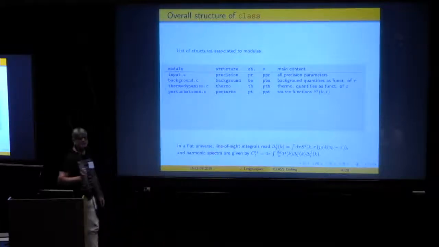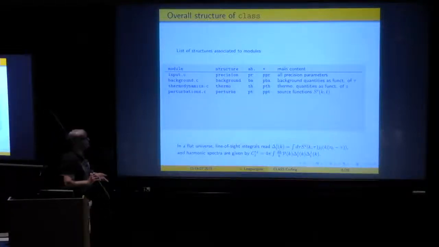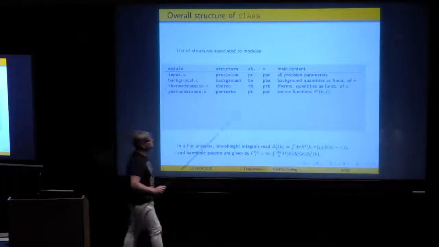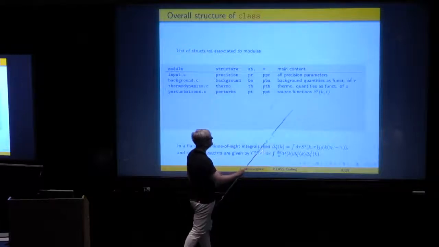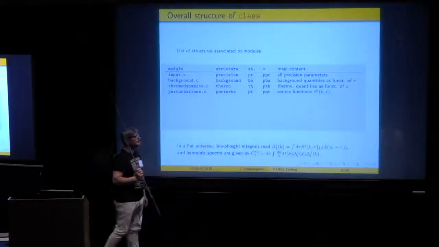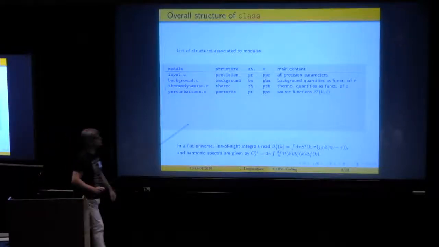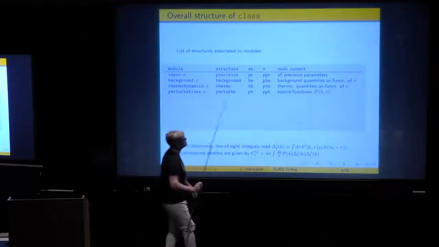And the goal of the perturbation module is first, as we said, to integrate the ODE, all the perturbation equations, and then to store not all the results, but the source functions, which are relevant either for the CMB or for the P(k), or if you want all these matter and velocity transfer functions, they will all be different indices of these source functions.